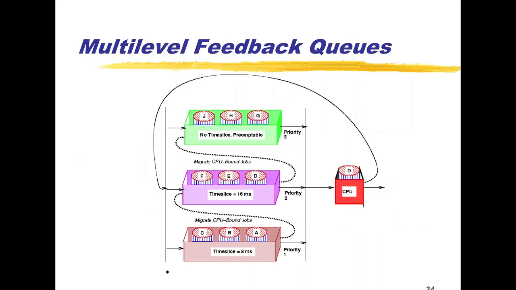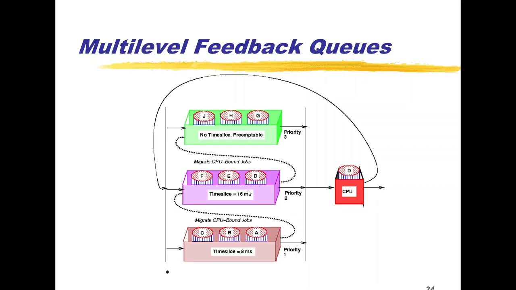Now, here's an example of what was just explained. We have a process that entered with a higher priority and was given 8 milliseconds. And because after 8 milliseconds it could not finish executing, it will now be migrated to a lower priority, priority 2, because it's spending more time doing CPU-bound jobs. When it spends more time holding onto the CPU, it will be demoted to the 16 millisecond queue.